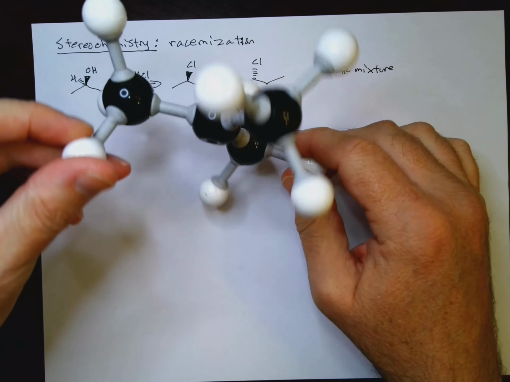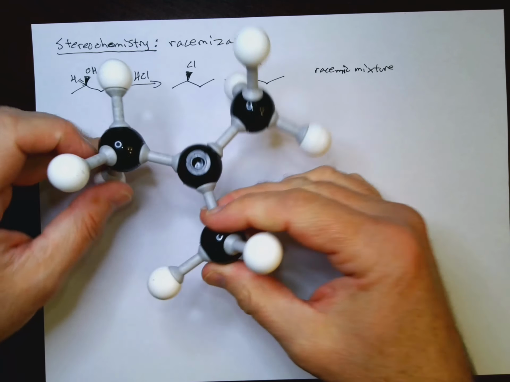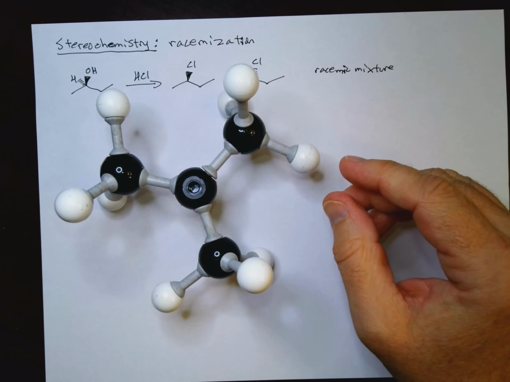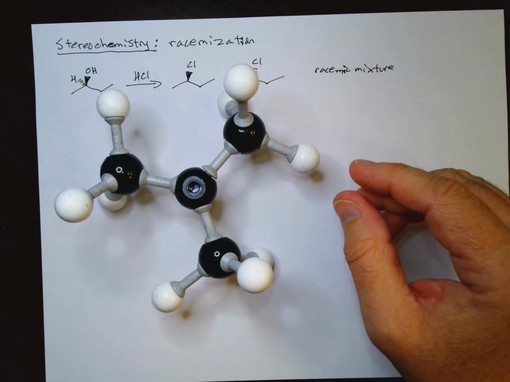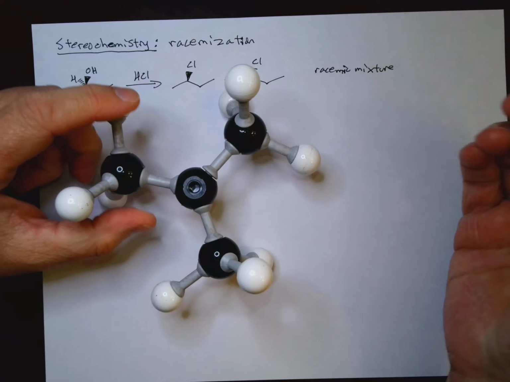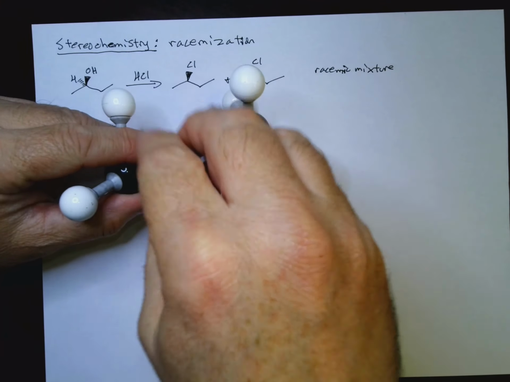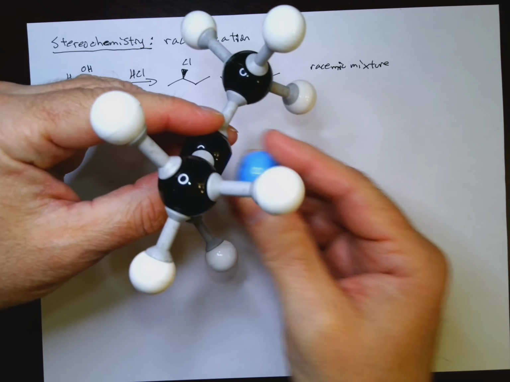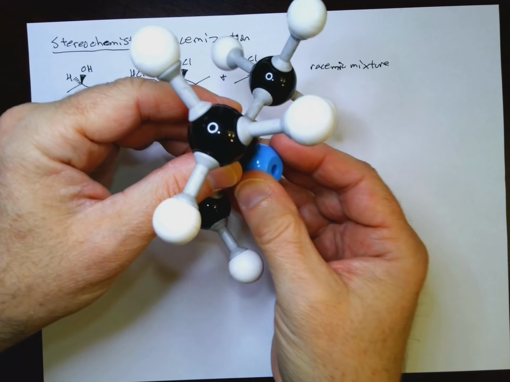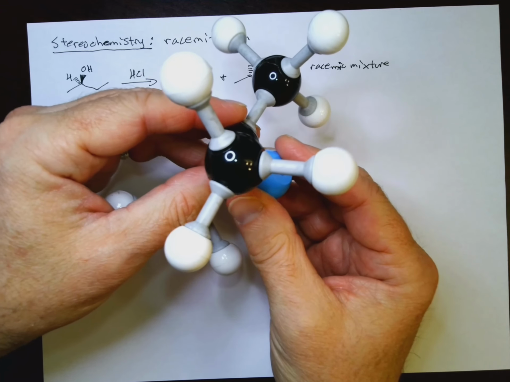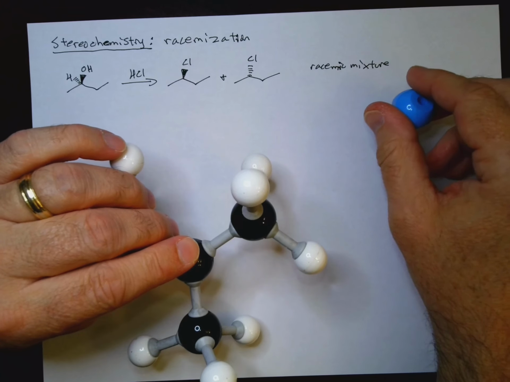So here's the T-butyl carbocation, and see how all the carbons are in the same plane? So this is planar. So now, here we'll use the nitrogen as a nucleophile. I took apart my cyanide. This guy can come in from either face of the carbocation, and one will give the R enantiomer and one will give the S enantiomer.